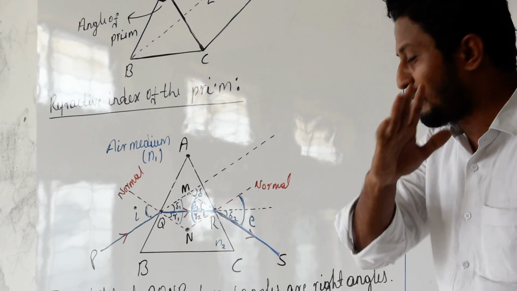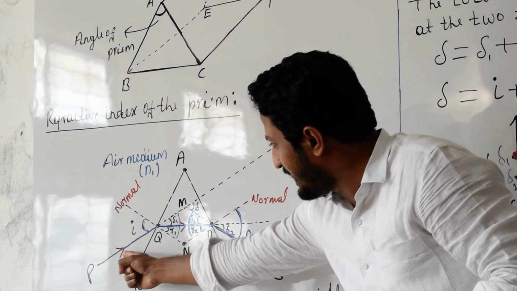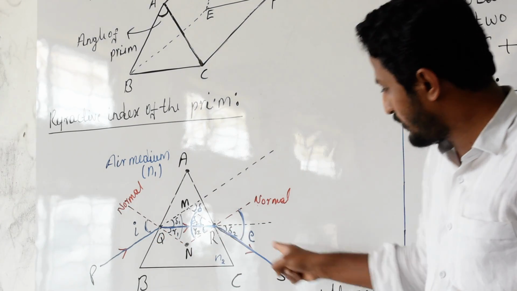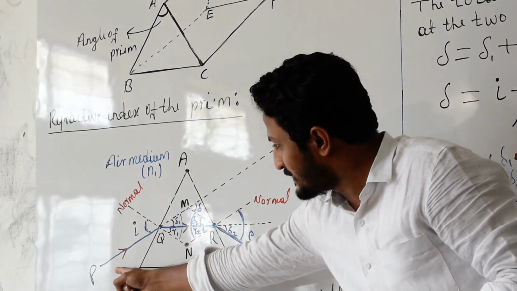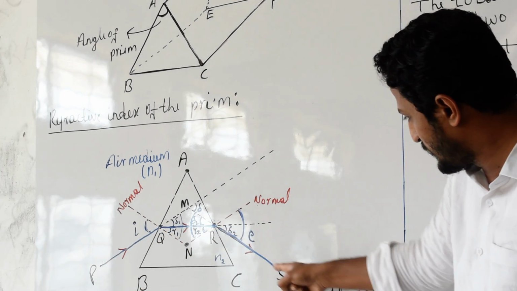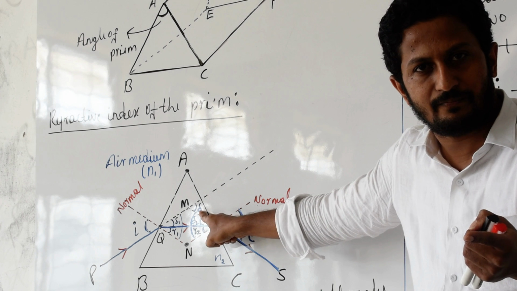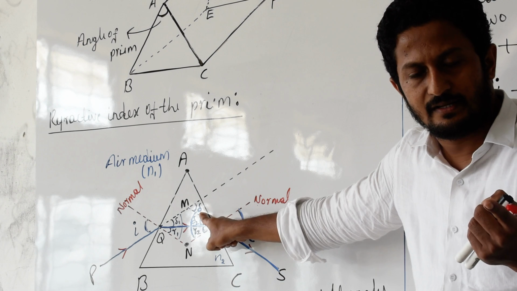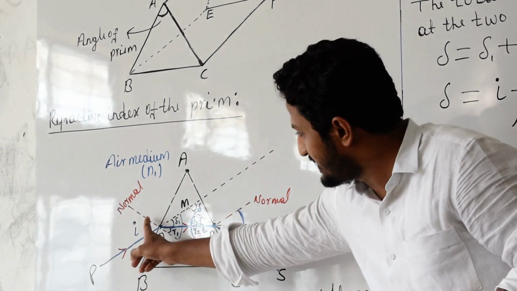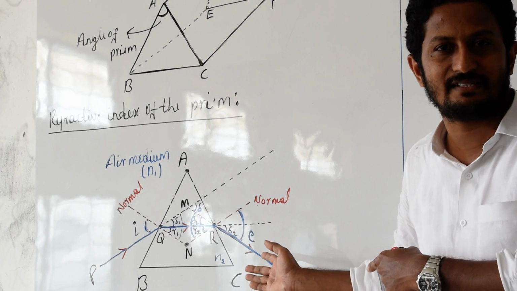Now look here, what does it mean? If you send the light ray like this, PQ, QR, RS, for this propagation you get one delta value. If you imagine it in the reverse way, for this angle of incidence you got some angle of emergence.